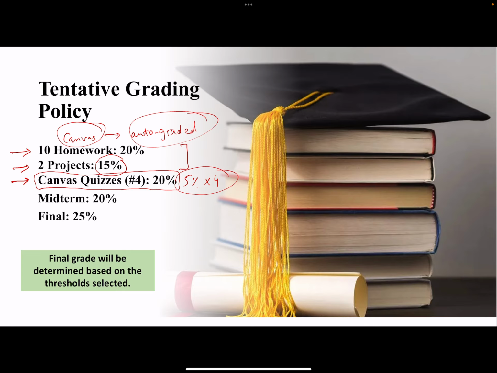The next two items in terms of your assessments: there will be one midterm, 20%, and one final, 25%. Consider this tentative, but we are currently considering and planning to do both the midterm and the final in person, exactly at the same time as the other section, not the same place but the same time.